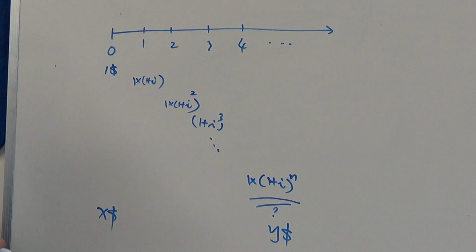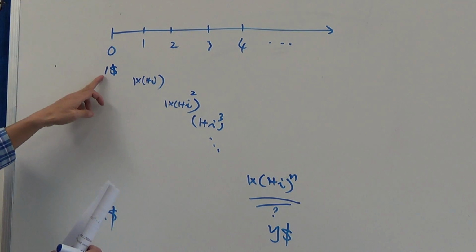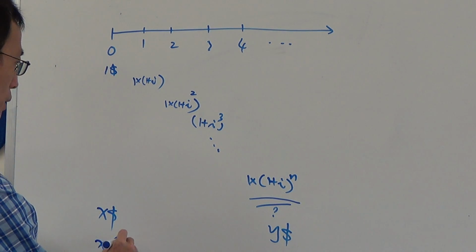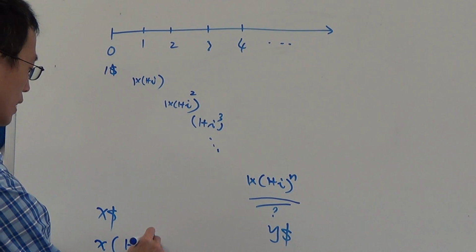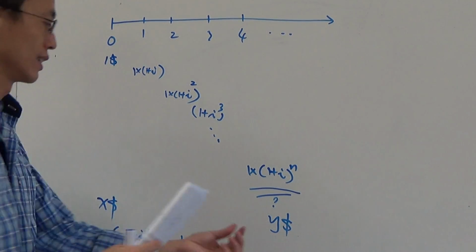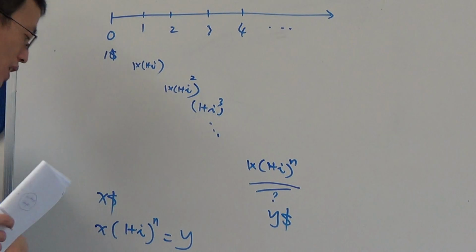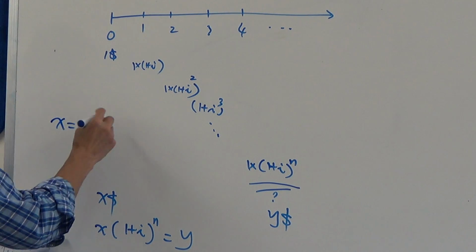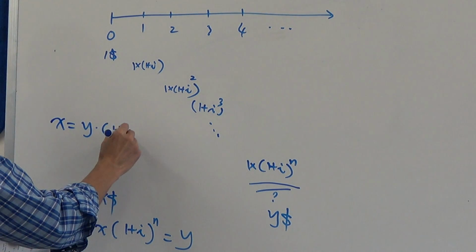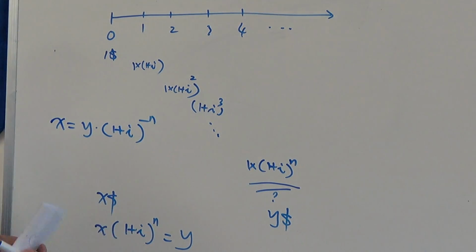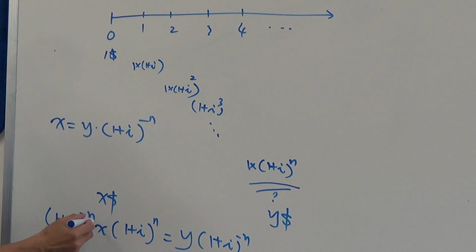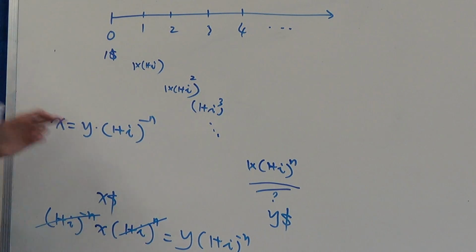Suppose it's X dollars. If you invest X dollars, then in year n you should get X multiplied by 1 plus i to the power n, which is equal to Y. That's the Y dollars you have in year n. So clearly, the present value X should be equal to Y multiplied by 1 plus i to the power negative n. Just multiply both sides by 1 plus i to the power negative n, and this cancels out with this one. So X is equal to this.